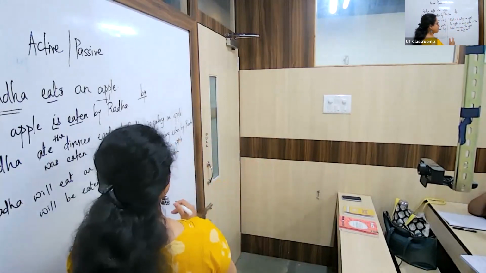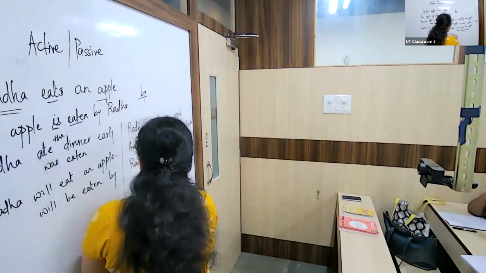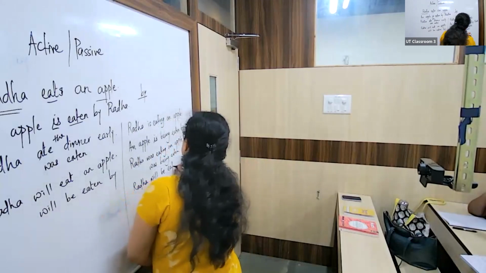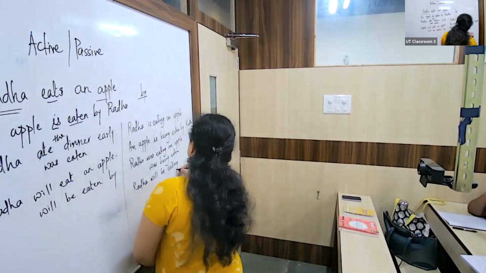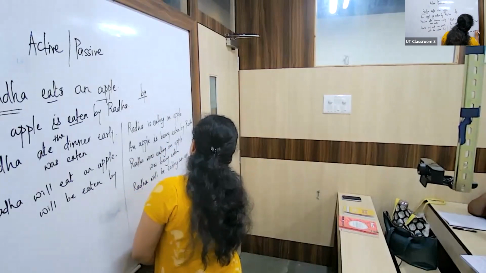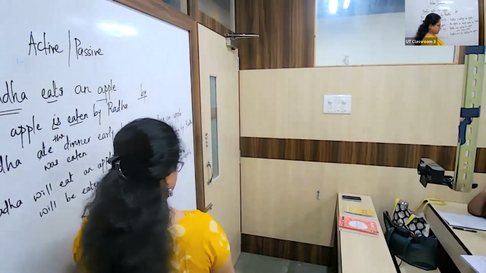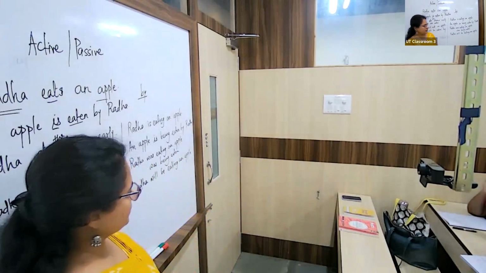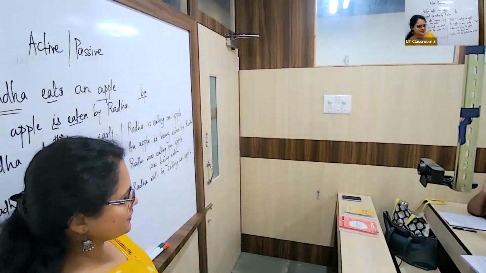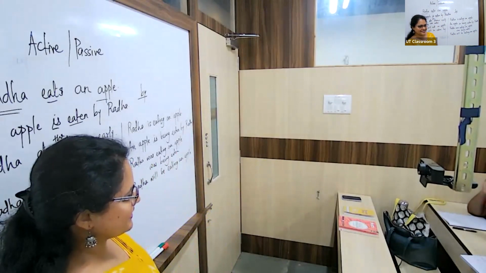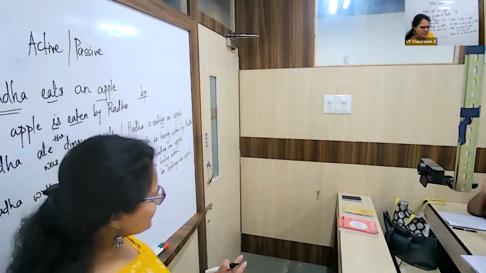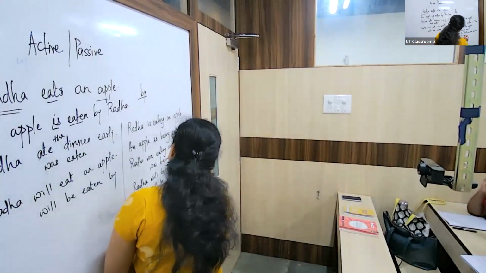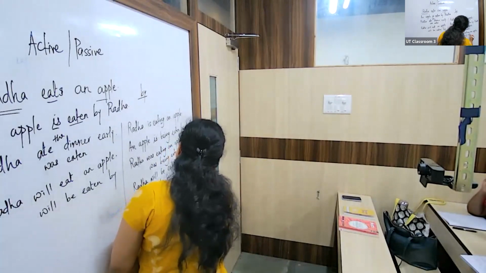Okay, और फ्यूचर में कैसे होगा? राधा will be eating, तो उसका कैसे होगा? An apple... it's not confusing, it's just the same. Just will be being eaten.